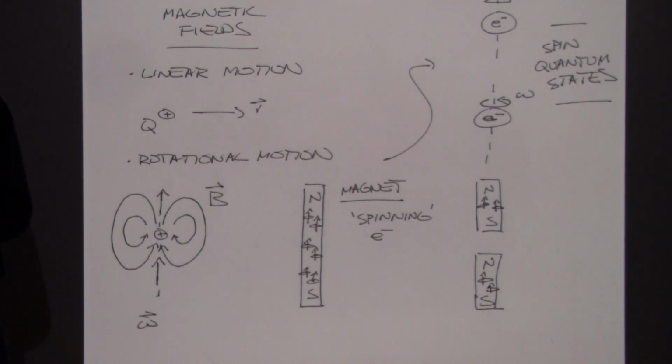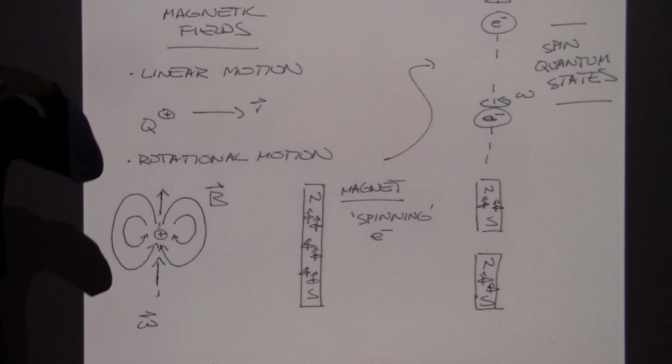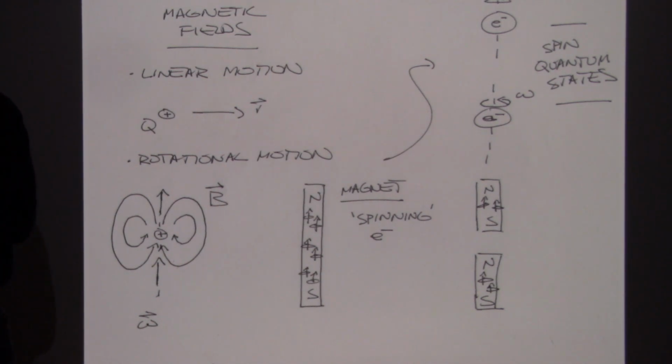It's not like they can spin at any speed they want. There's a fixed amount of angular momentum in an electron. There's also a fixed amount of angular momentum in a proton, and there's a fixed amount in a neutron. The electron, proton, and neutron each have what we refer to as 1/2 unit of spin angular momentum.